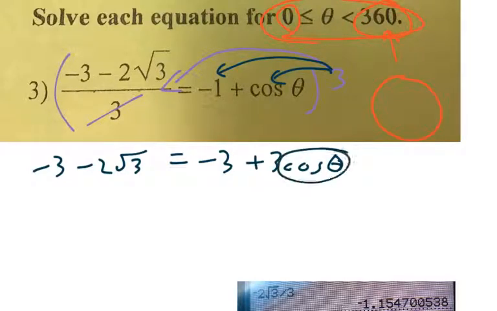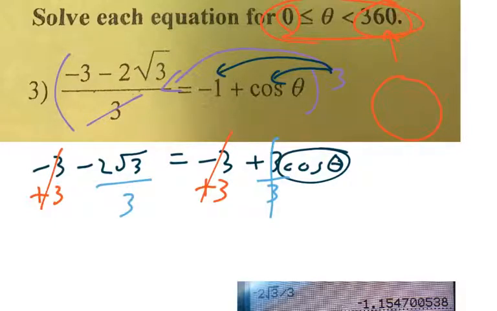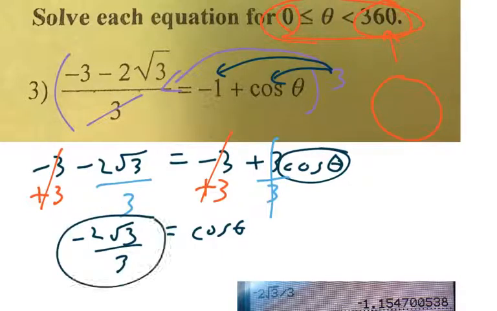Now I can solve for cosine if I first add 3 to both sides. So negative 3 is gone. And the only thing left to do now is divide by 3, both sides. Once that 3 is gone, do you agree? Cosine of theta equals negative 2 square root of 3 over 3.